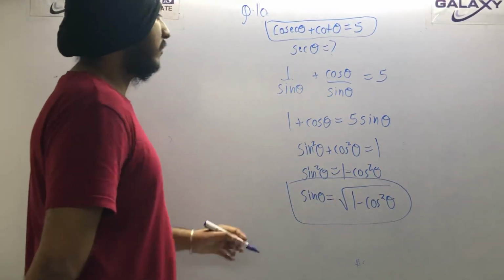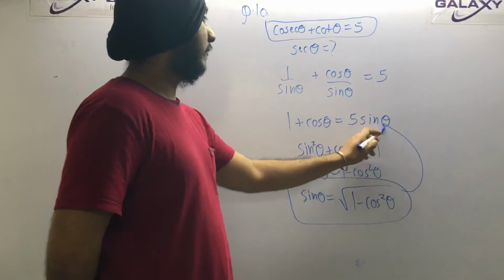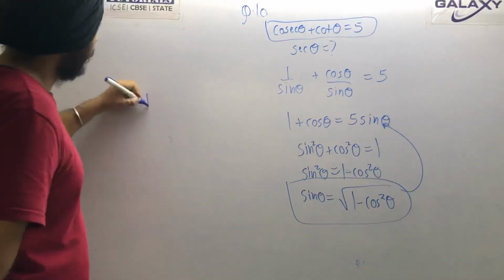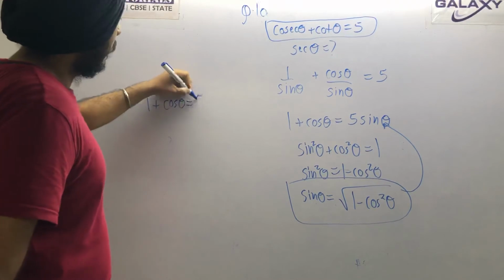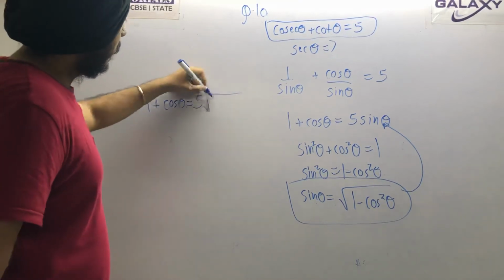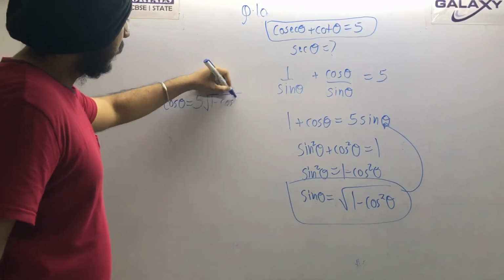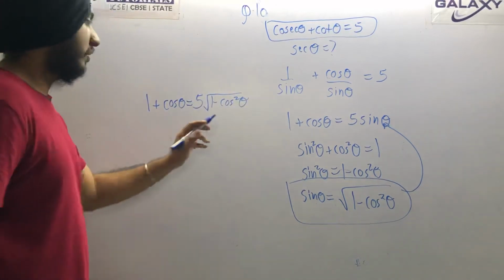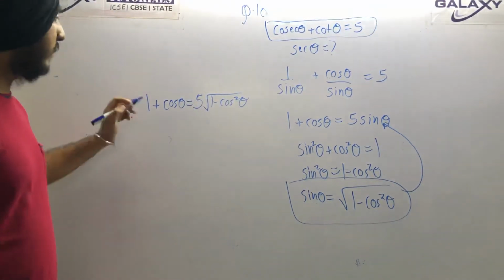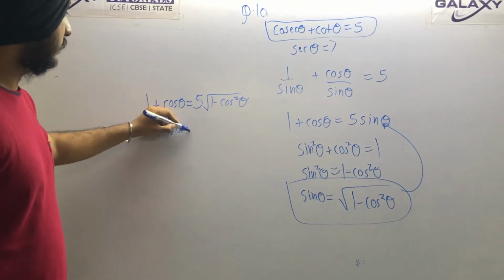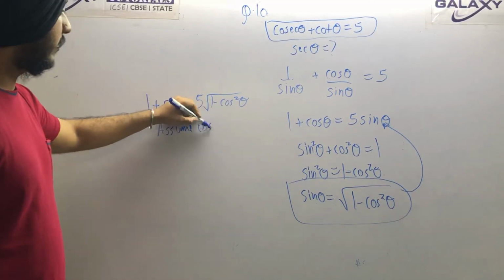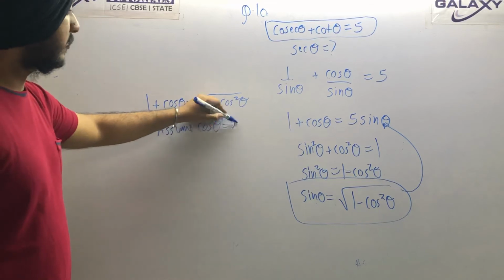Now what we will do, just simply put the value of sin theta here. So 1 upon cos theta is equal to 5 under root 1 minus cos square theta. You can see this equation. So for simplification I will assume cos theta as x.